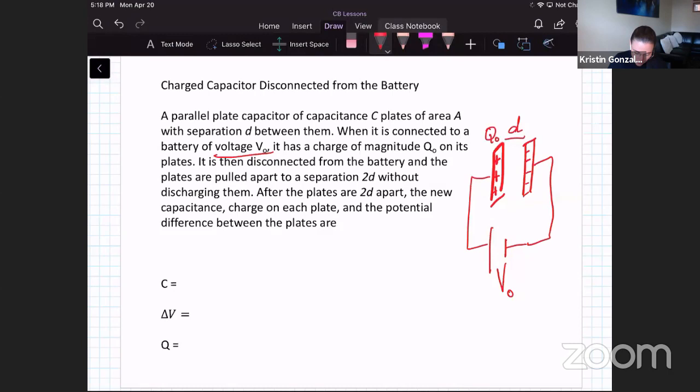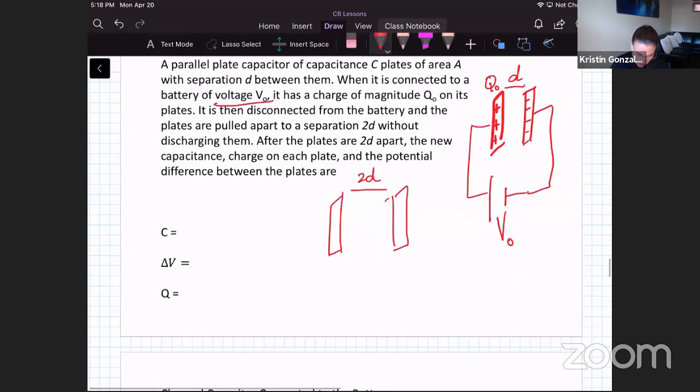So what we want to do is we're going to disconnect it from the battery. So now we have just our 2 plates. Not only are we going to disconnect it from the battery, but we are going to increase that distance between them so that now it is 2d. So what I want to know is what happens to the capacitance of that capacitor, what happens to the potential difference across the capacitor, the charge that's on one of those plates, and then also let's look at what would happen to the energy that is stored on that capacitor, right?